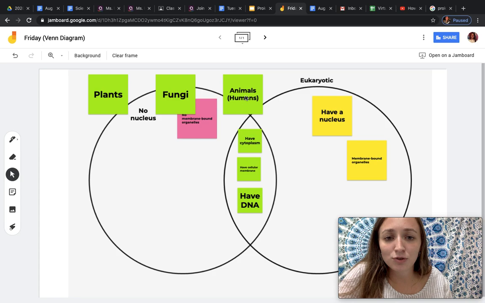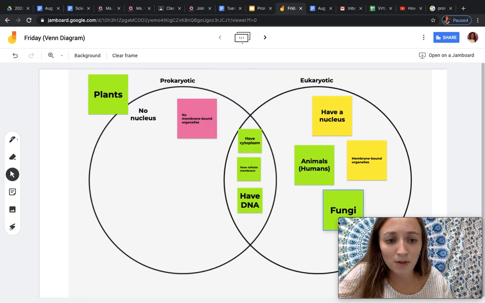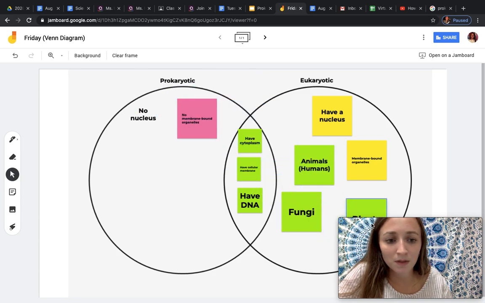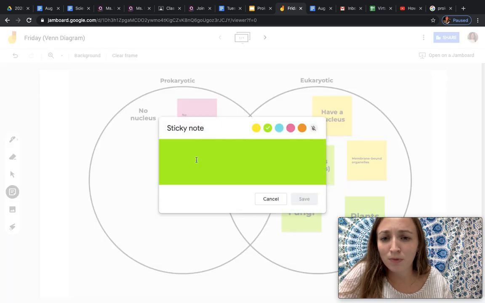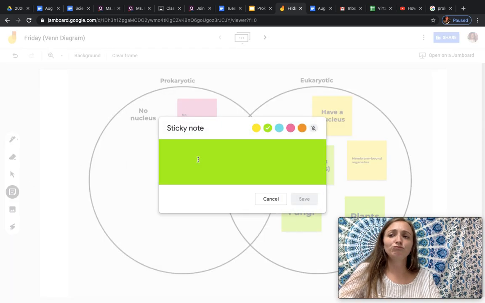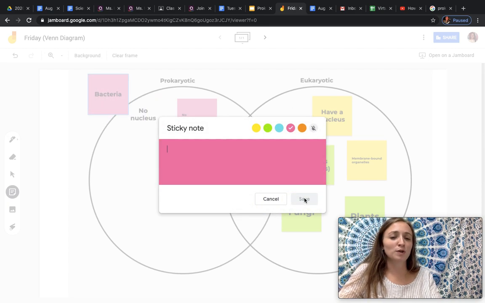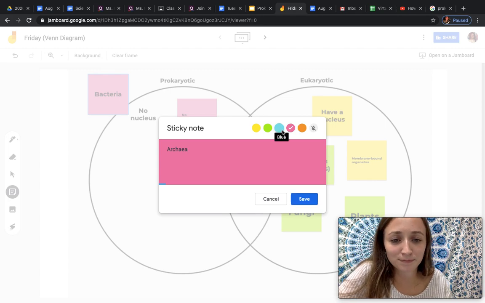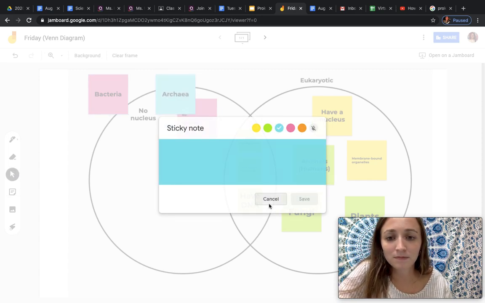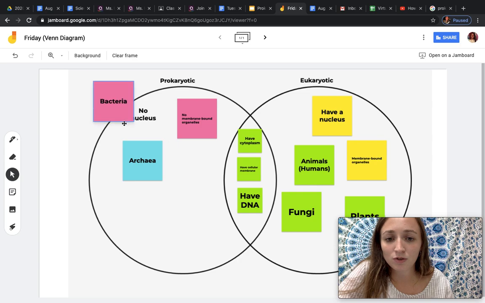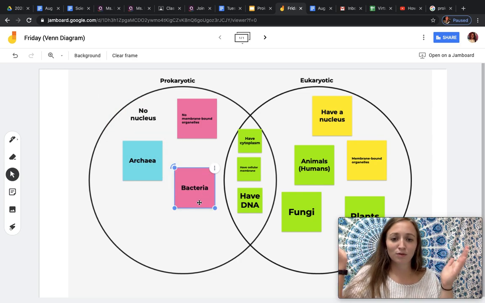So that is true of eukaryotic cells. Make sure you put that down in there. And lastly, what are prokaryotic cells? Those are your bacteria. And do you remember what the other thing is that isn't bacteria? It's called archaea. Perfect.